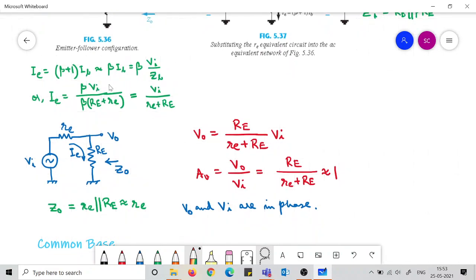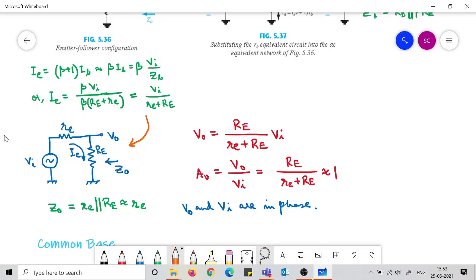So when we do this, then IE becomes Vi by small re plus capital RE. So this equation can be represented with this particular very simple network, very simple circuit.